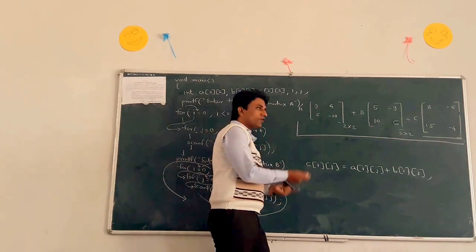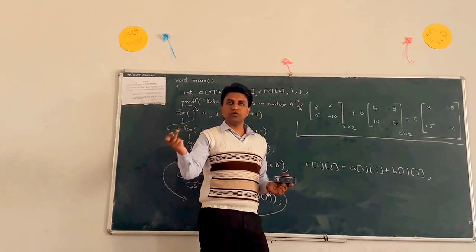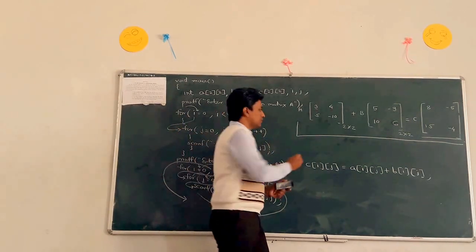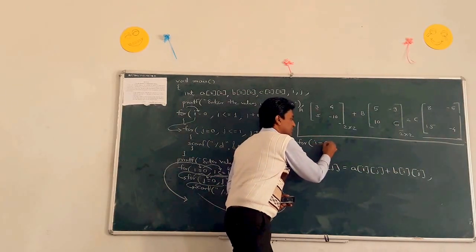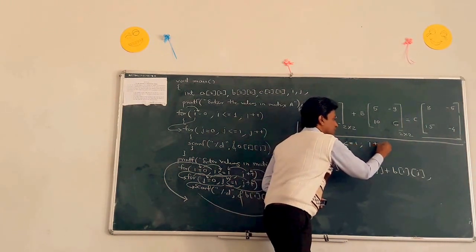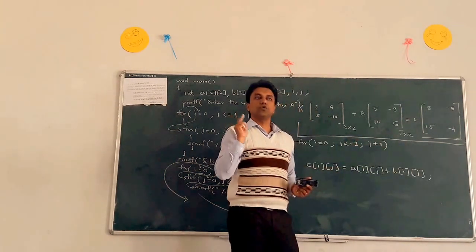Okay. So now what do we want? We want to add two for loops, one for the row and one for the column. Similarly, we use the same indices: i is equal to 0, i less than or equal to 1, i plus plus. This condition depends on the number of rows.